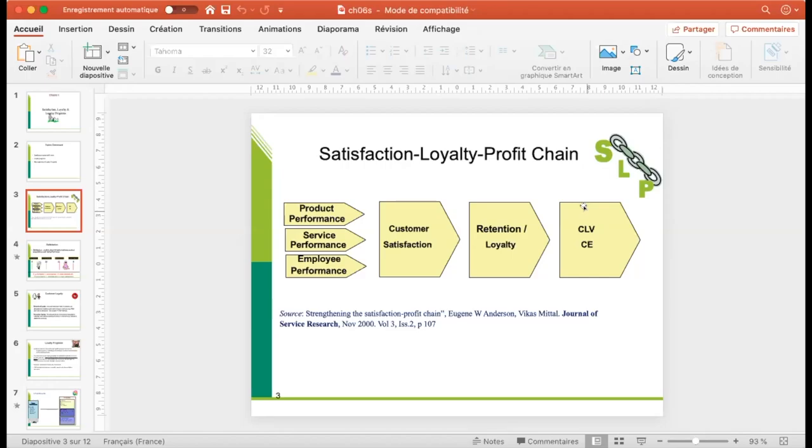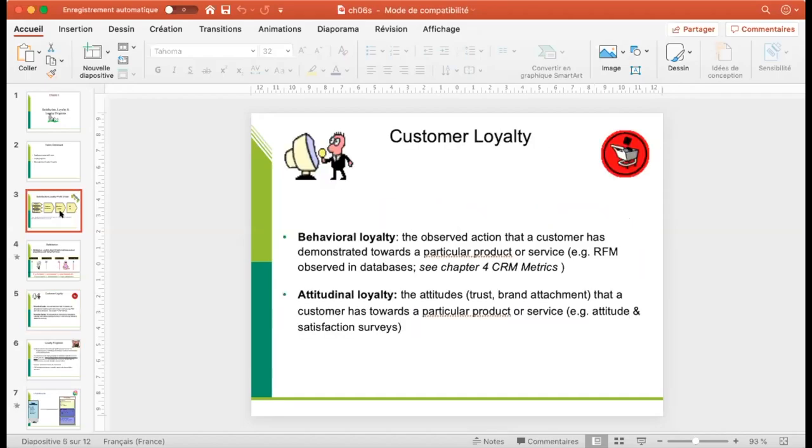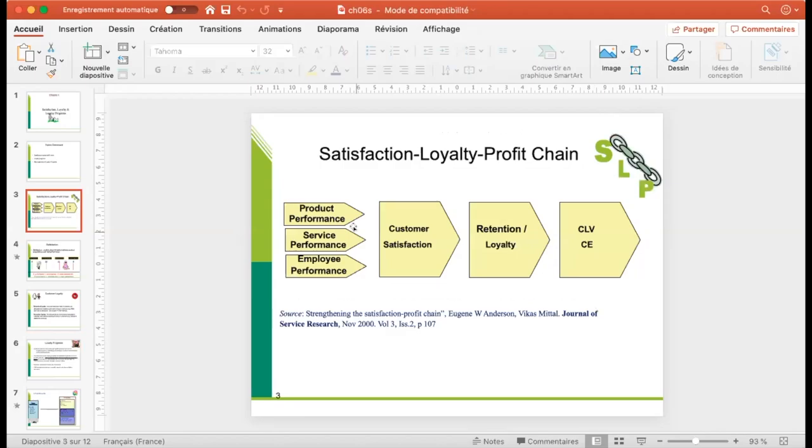And the higher the customer lifetime value, the higher the CE, or customer equity, the overall aggregated value of all CLVs of all customers in the database or customer portfolio. The value a firm is worth on the financial market. So we've seen the satisfaction, loyalty, profit chain, which is also called the relationship marketing paradigm.